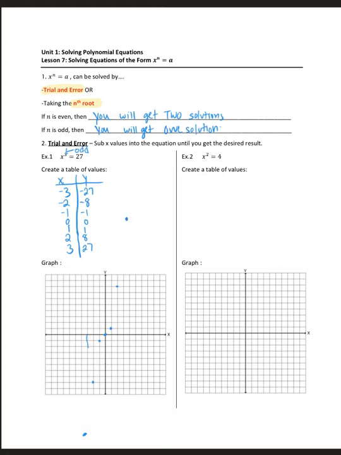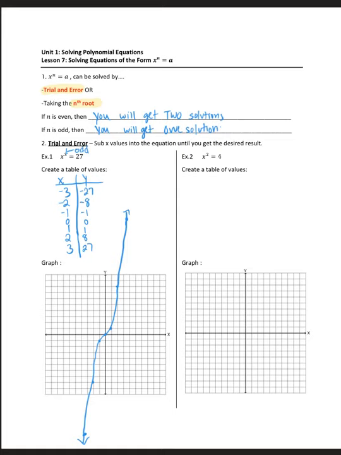So we'll connect the dots. Something like this on this side, and like this on this side.